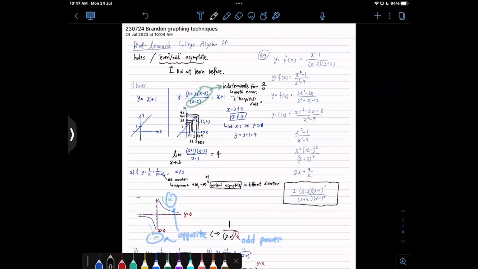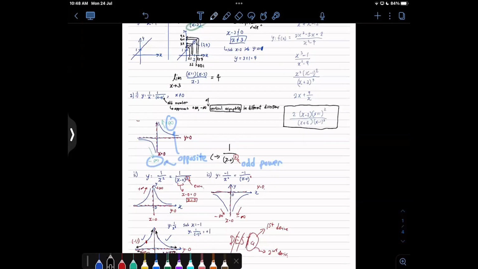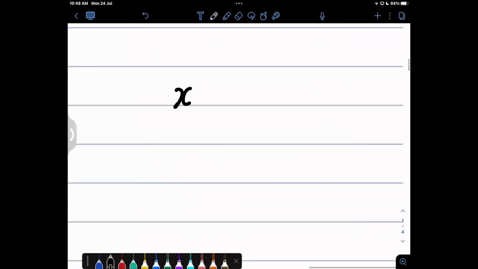So let's see another example. Let's say we try... What's a good example? Let me see. What's multiplicity? Oh, multiplicity means the power of the x. So for example, if you're solving an equation like x minus 1 to the power of 3 equals 0, we say that this has a multiplicity.